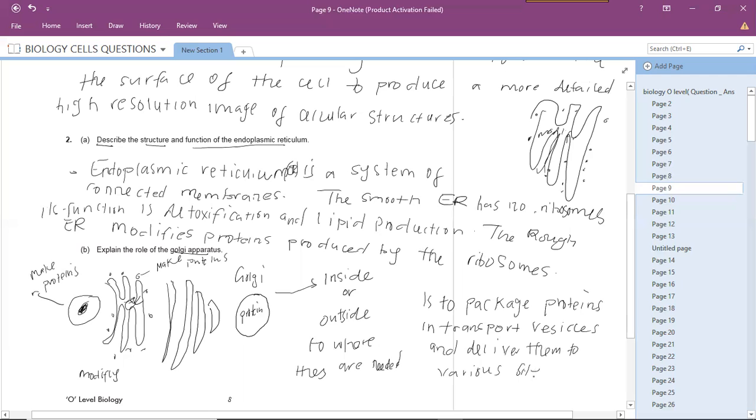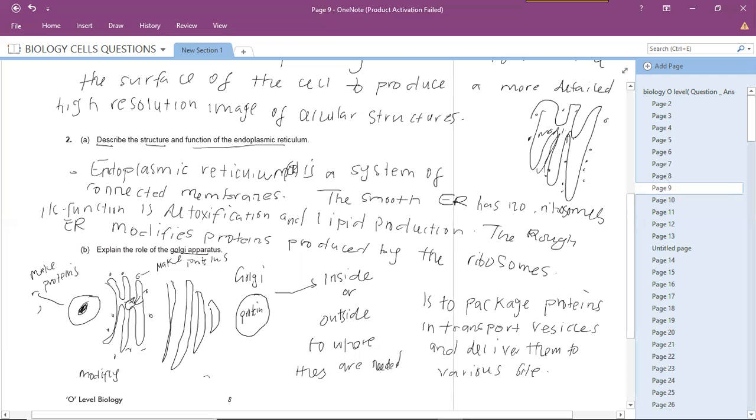So this will be enough to gain marks because it's grade 12 level. We're not going to say things like endocytosis or exocytosis. You just have to say the Golgi apparatus packages the proteins in transport vesicles and they will deliver them to various sites. So remember this flow.